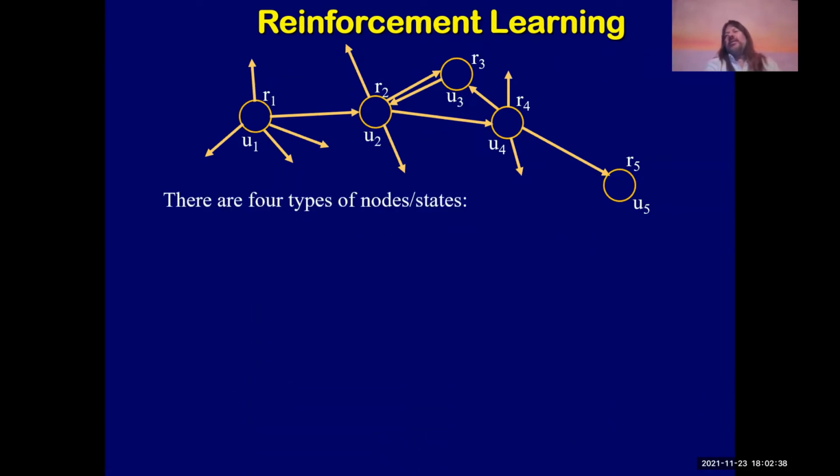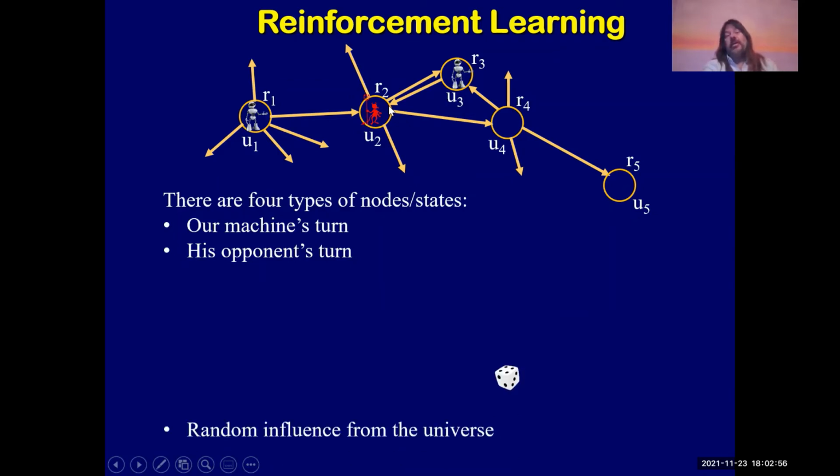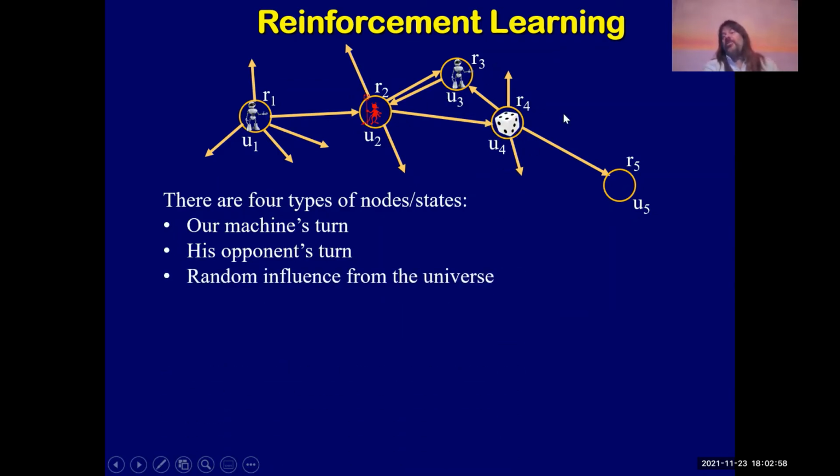All right. Now we're going to have 4 different types of nodes here, right? Of these states. And in some of these states, it's our machine's turn to go, and in some of them, it's our adversary's turn. In some of them, the universe is going to flip coins because maybe it's a probabilistic game.